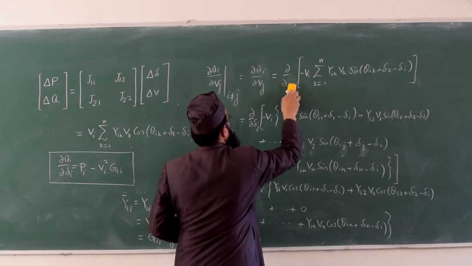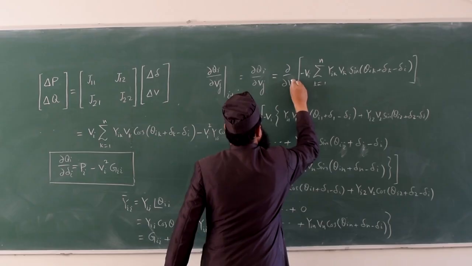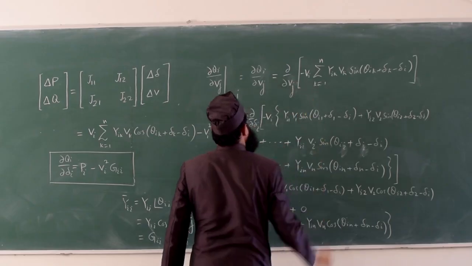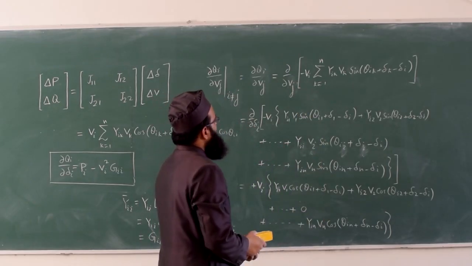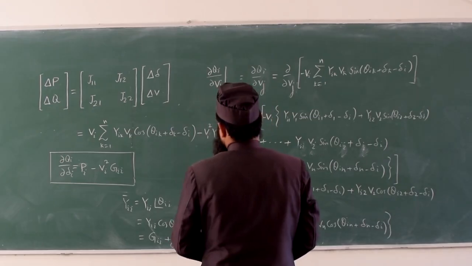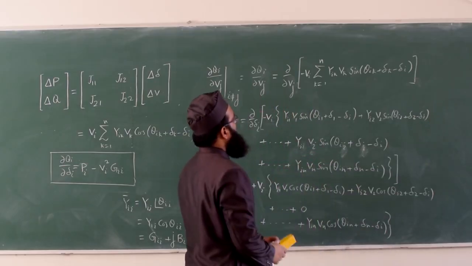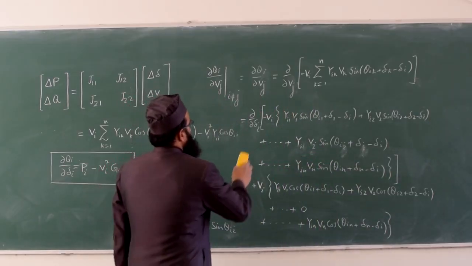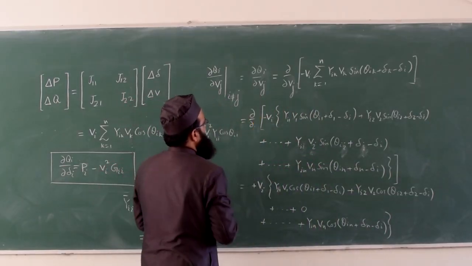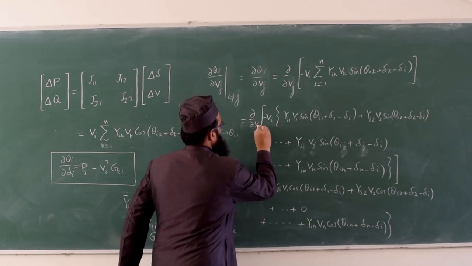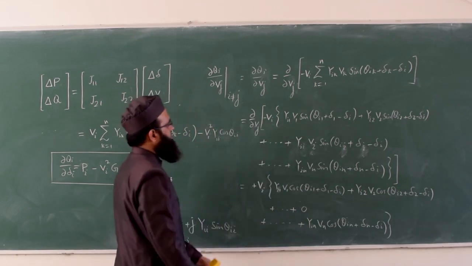Here we have to focus on the j term of Qi. For Qi we have this relation already written, just we need to modify here Vj and we have to focus on the jth term.